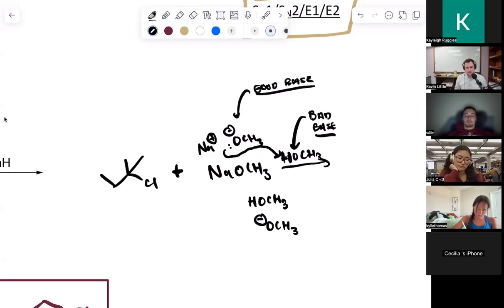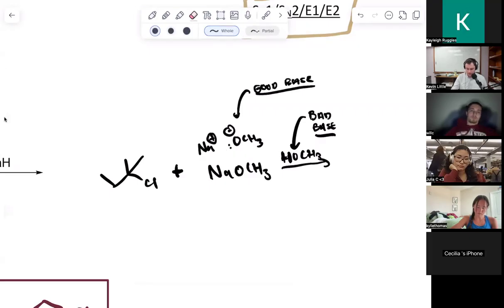Do you see what I'm saying? Then it doesn't do me anything, right? These probably share protons with each other all the time, but it gives me the same thing back. So in this case, this is actually our solvent.